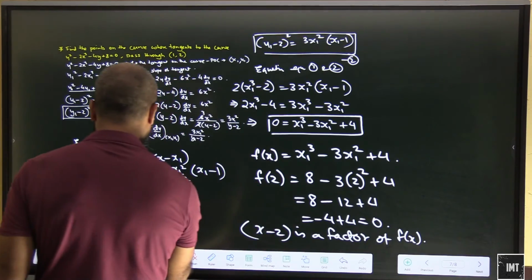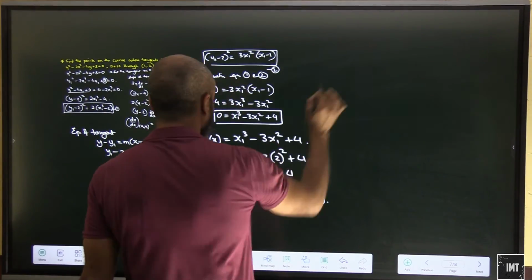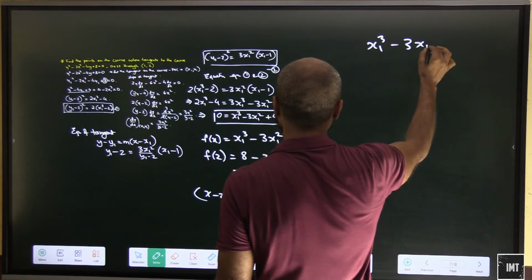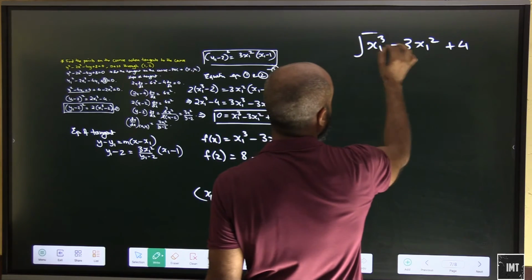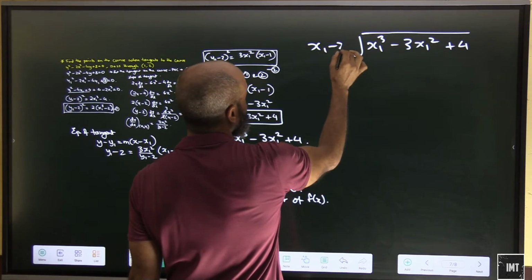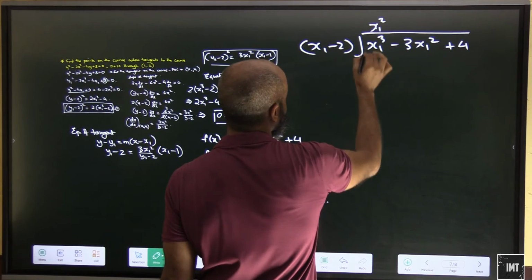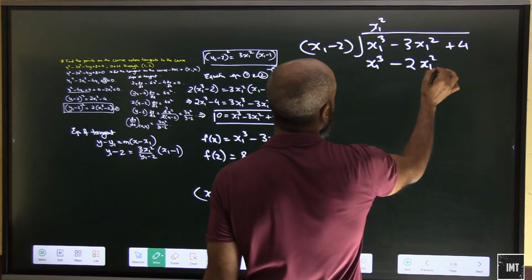Okay, so the other factors can also be calculated here. If I do it as x^3 - 3x^2 + 4, we know that x - 2 is a factor of this, so it will not leave a remainder. So if I divide, this will be x^2, that's x^3 - 2x^2.